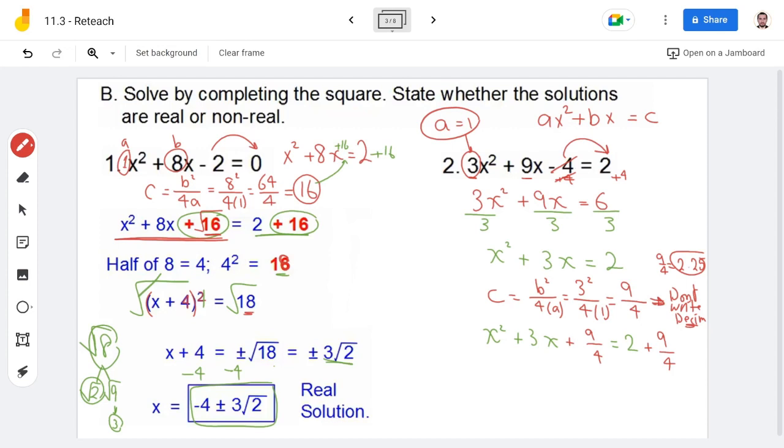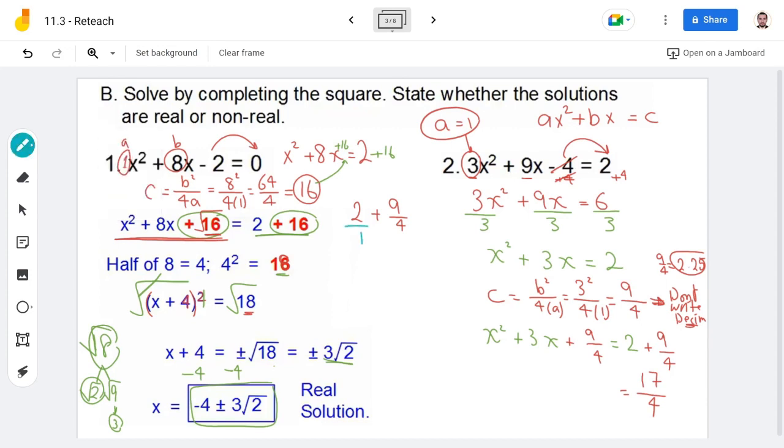Now, let's simplify this one. So 2 plus 9 over 4, which is equal 17 over 4. Now, maybe some of you ask me, teacher, how did you get 17 over 4? I will tell you why. Now, 2 plus 9 over 4. So we consider this one is over what?